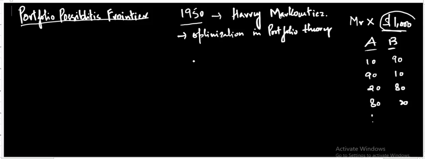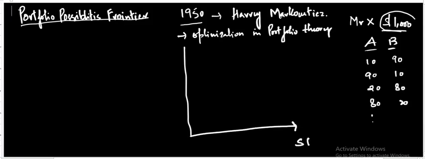What essentially Markowitz did was plot all these portfolios on a graph by taking standard deviation on the x-axis and the expected returns on the y-axis. After plotting all the possible portfolios, he got a graph like this.